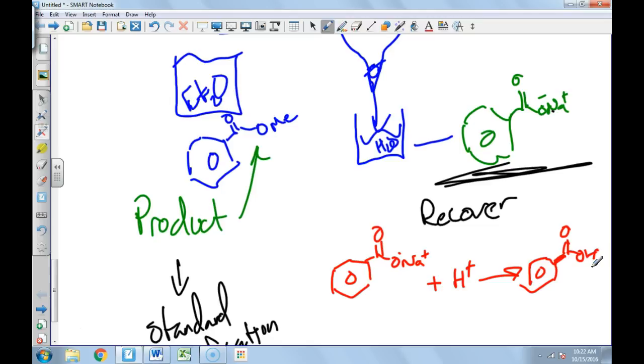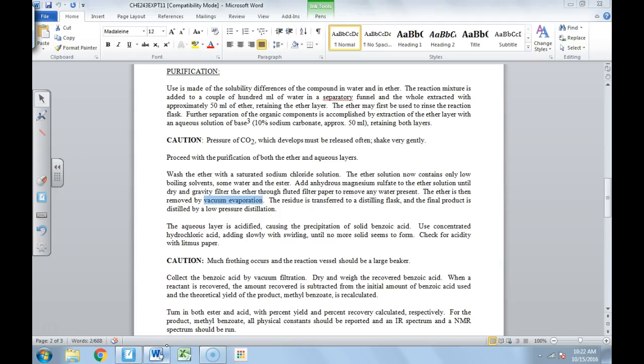It's going to give us our benzoic acid back, and that's what you're going to see, and that's what it tries to describe here: the precipitation of benzoic acid is going to happen. You're going to see a white solid up here.